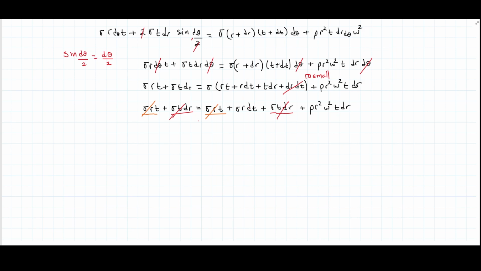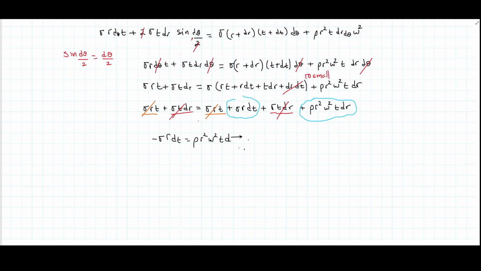If I take these two elements here remaining, I could say that minus sigma r dt equals this component that comes from the angular centrifugal force.